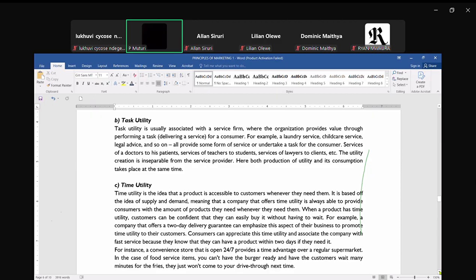What is it really that the customer is buying? The customer here is buying the task, what is performed. That is why we call this task utility. What must be performed by the company to ensure that the customer gets the service they're buying? Think about medical services. I'm sure we all at some point needed medical services.